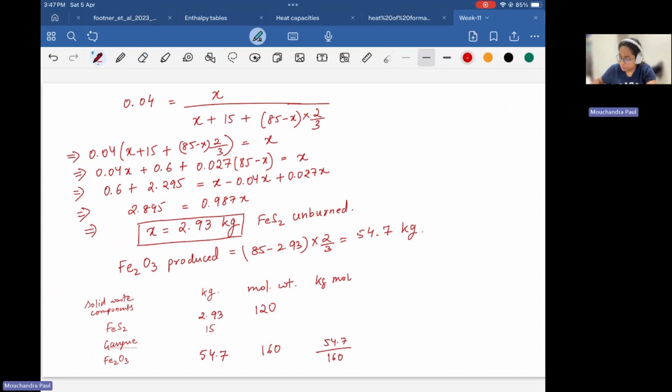This is coming out to be 0.024 and the other value is 0.342. All right, so these are the kg moles.